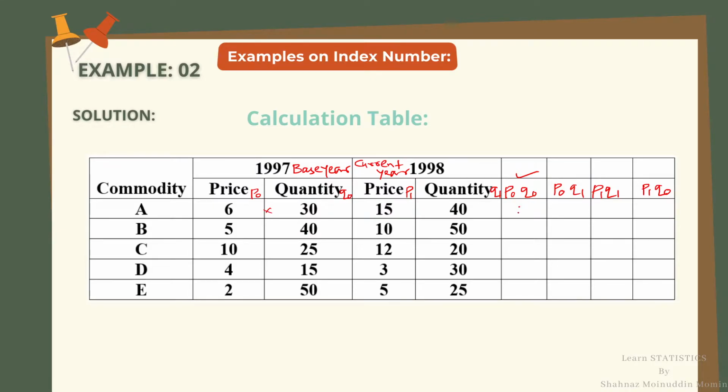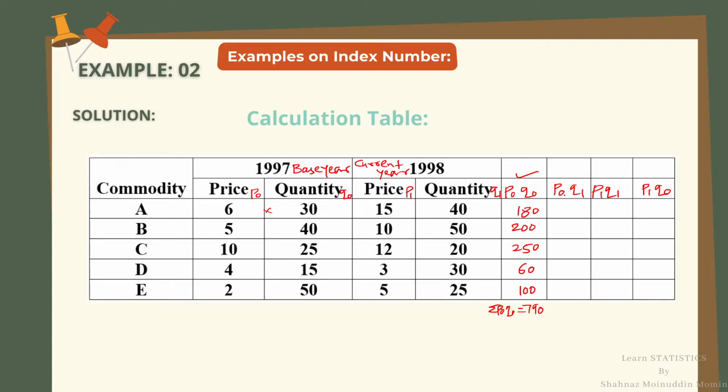This is 180. 5 into 4, 200, like that. The other values are 250, 60 and the last value is 100. Now we will need this total, so I will add the column, and this total is summation P0Q0 is equal to 790.